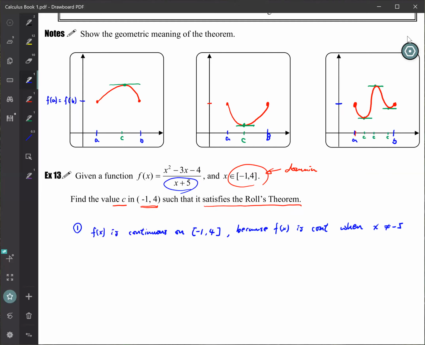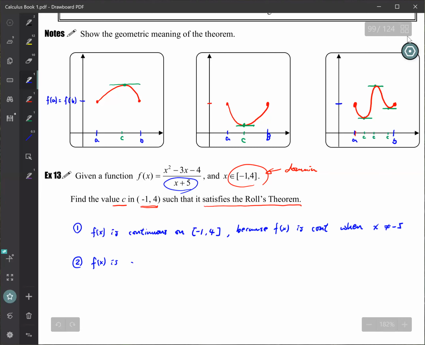All right, second thing, what's the second condition? Leon? It's up there in the box. What's condition number 2? Differentiable on AB. Differentiable on where? -1 and 4.